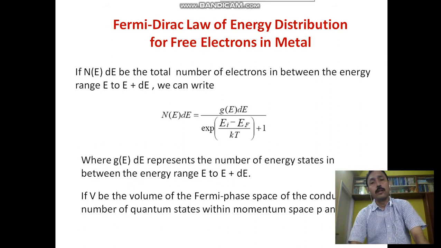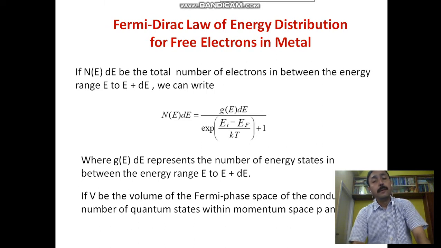From the electron gas model, we have considered N(E)dE as the total number of electrons in between the energy levels E and E plus dE. And we have written this in this form: N(E)dE is equal to G(E)dE by e to the power (Ei minus Ef) by kT plus 1, where G(E)dE represents the number of energy states in between E and E plus dE.